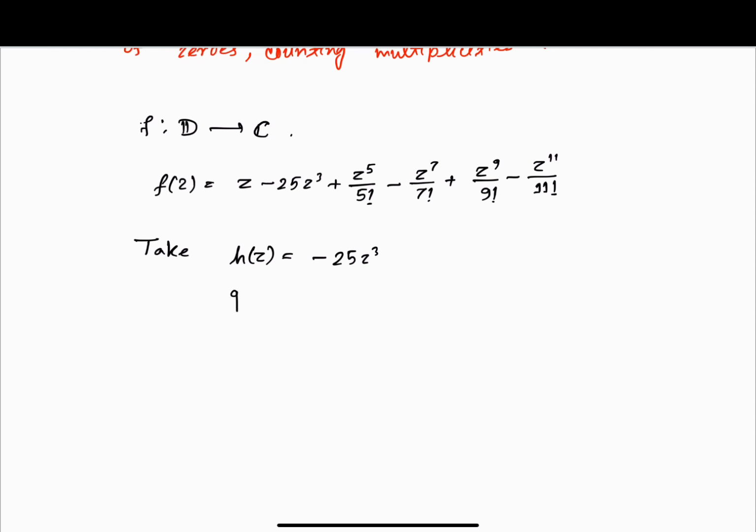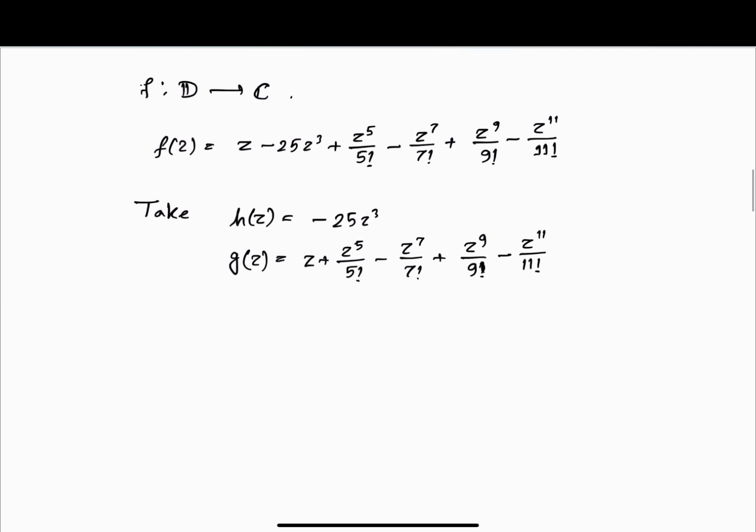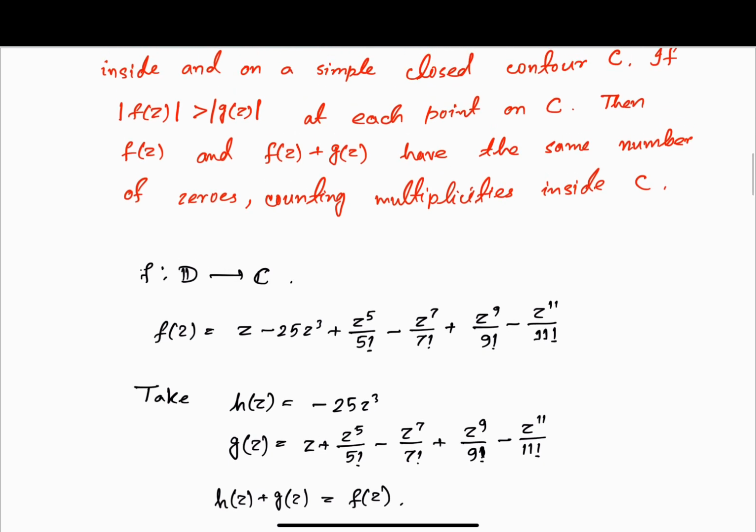And now take g(z) to be the other part: z to the power 5 by 5 factorial minus z to the power 7 by 7 factorial plus z to the power 9 by 9 factorial minus z to the power 11 by 11 factorial, right? We have chosen it in such a way that h(z) plus g(z) is f(z). So we will compare these two functions.